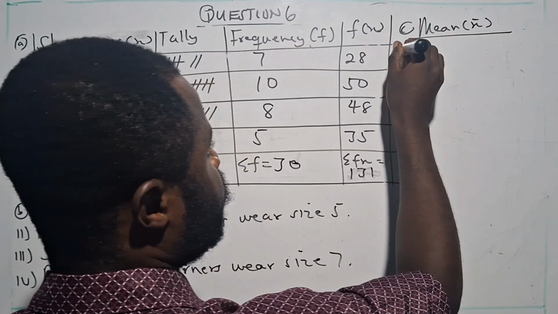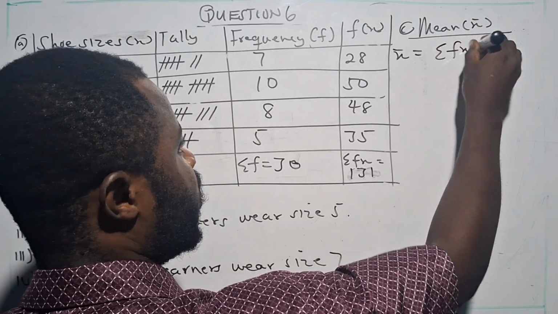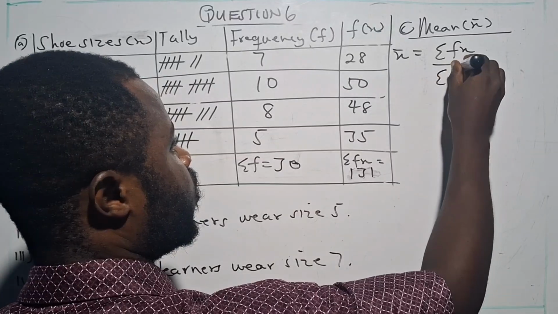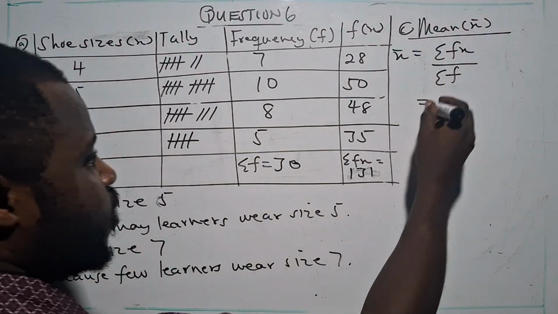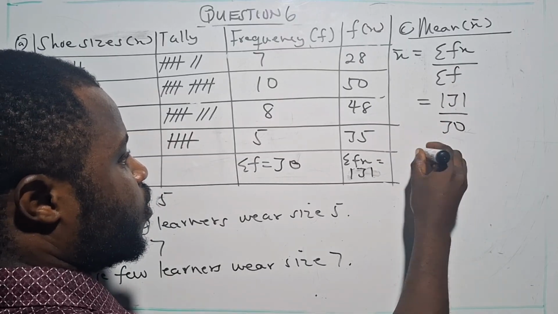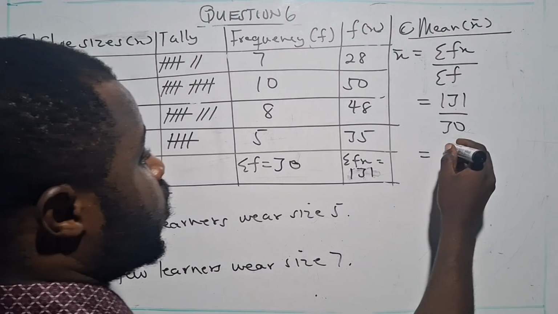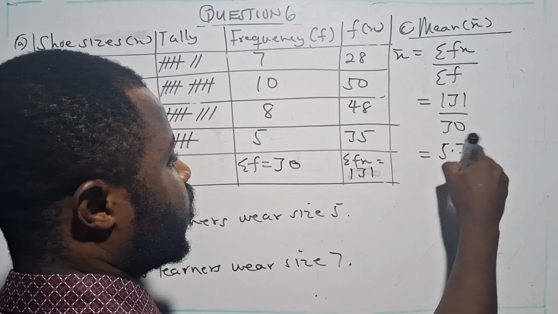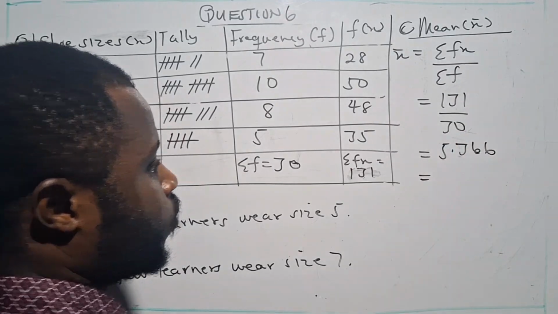To find the mean, our mean, which has this symbol, is our sigma f of x all over sigma f. So 131 divided by 30. And they gave us something that we need to be careful of. So 131 divided by 30, when you use long division, you're going to get 5.366.